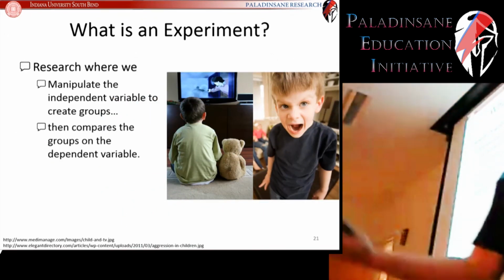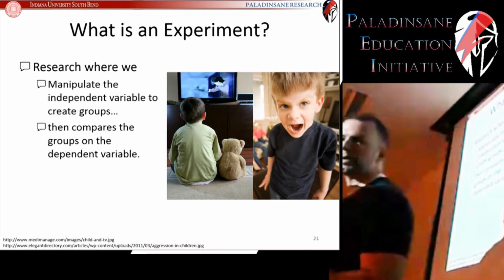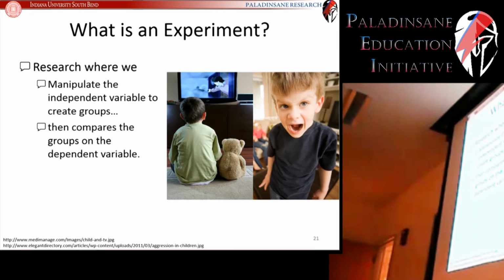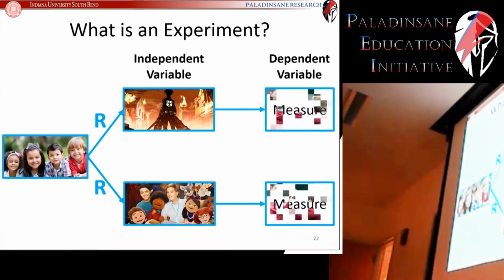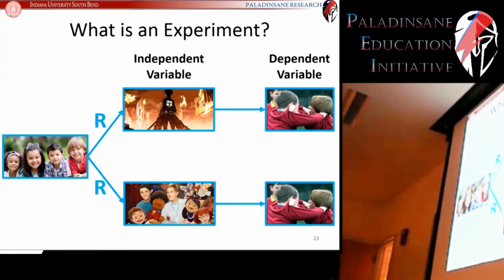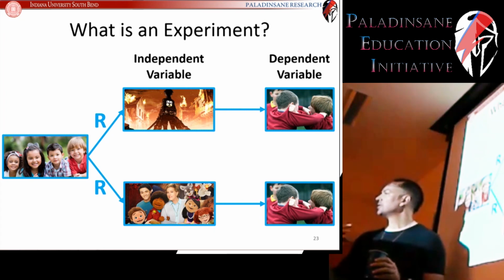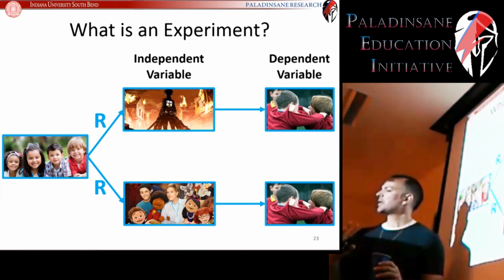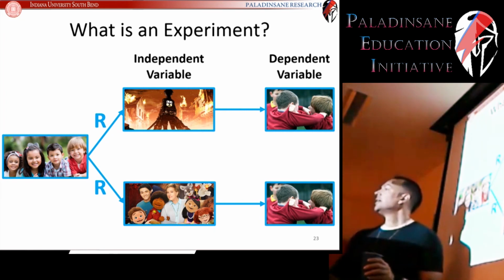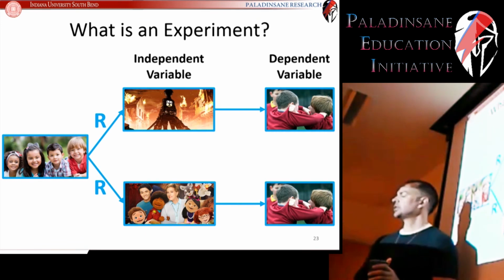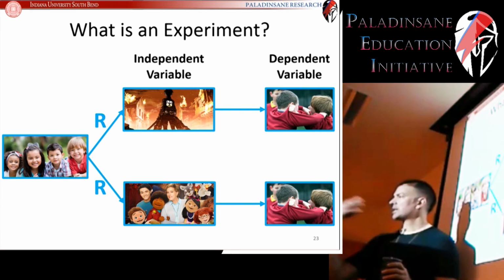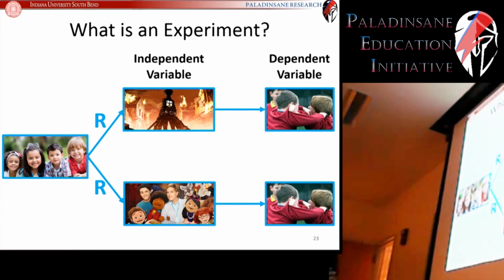So we compare them on the dependent variable. I kind of jumped ahead of myself there, but we compare them on the dependent variable. So after splitting them up into groups, we would then measure their violent behavior. And if you recall previously, we would still use some of those techniques from non-experimental methods like delimiting. And we might say, all right, now everybody has half an hour to go play, and we're just going to count how many times somebody hits somebody else.